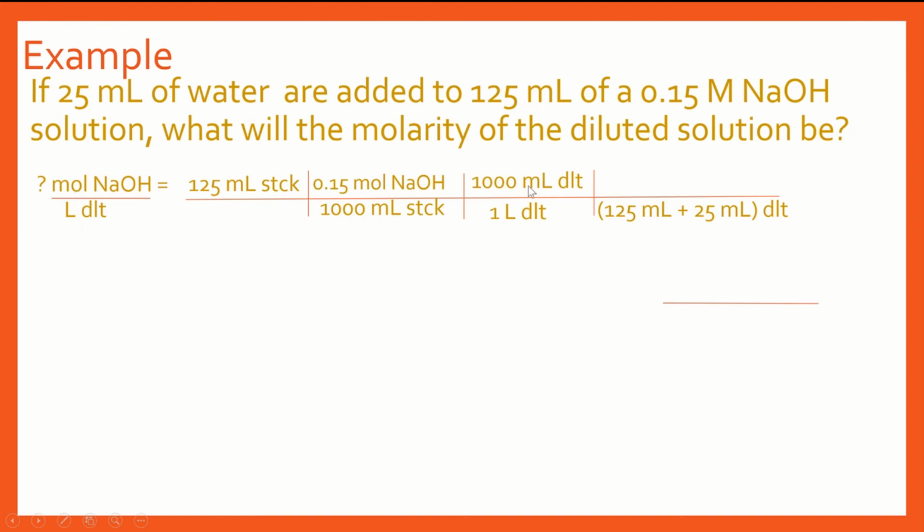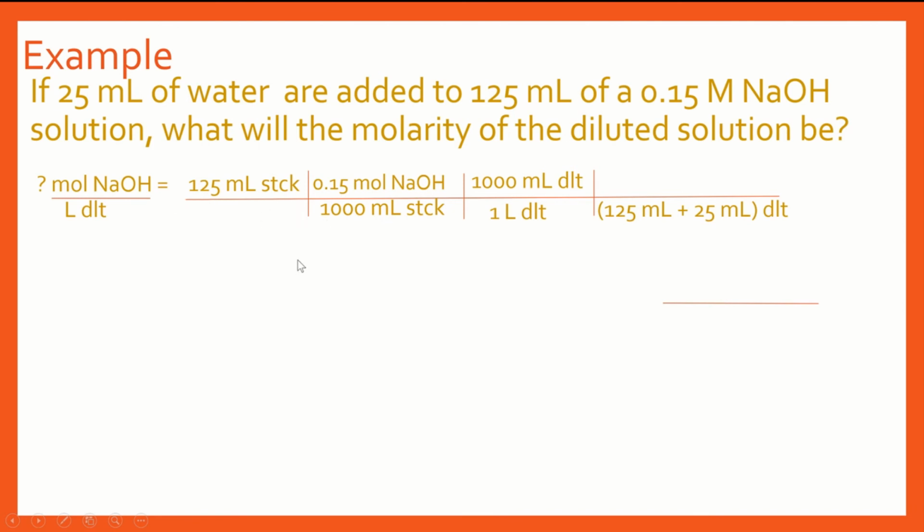I'd have moles and liters together, mole liters, which I'm not sure exactly what that is. So I make sure I get my 1 liter on the bottom, 1,000 milliliters on top, and that lets me know, hey, I need to put my total volume, 125 mils plus 25 mils, also on the bottom so that they cancel out. A lot of times you'll see this value here written over here under your starting value.